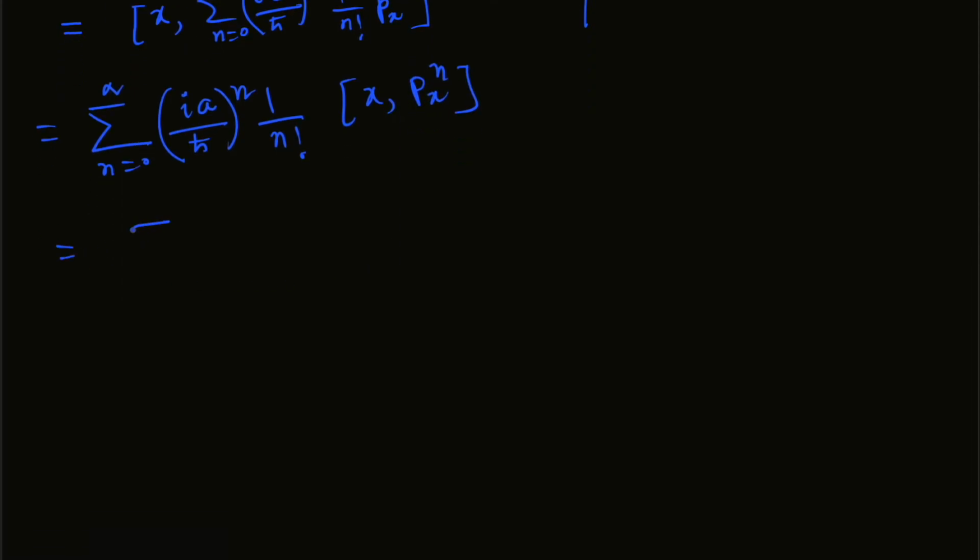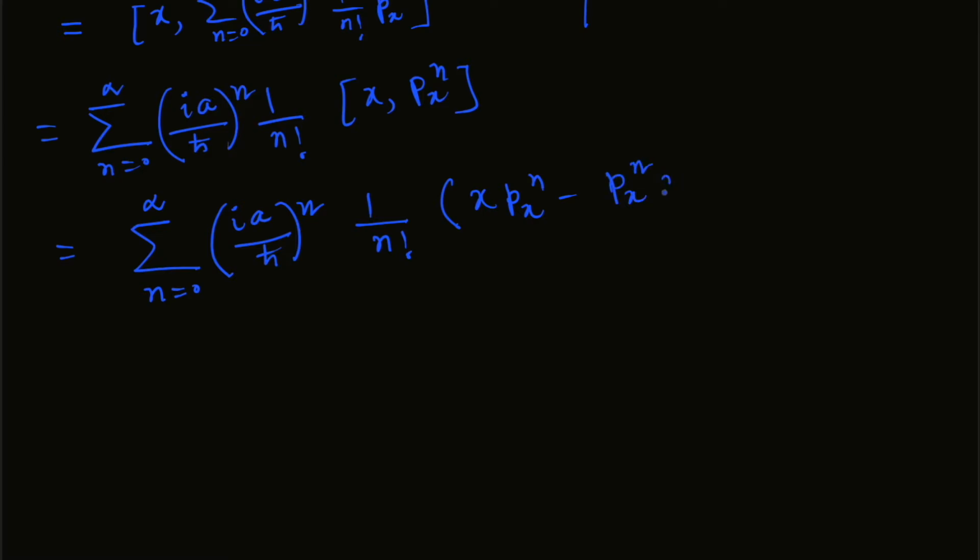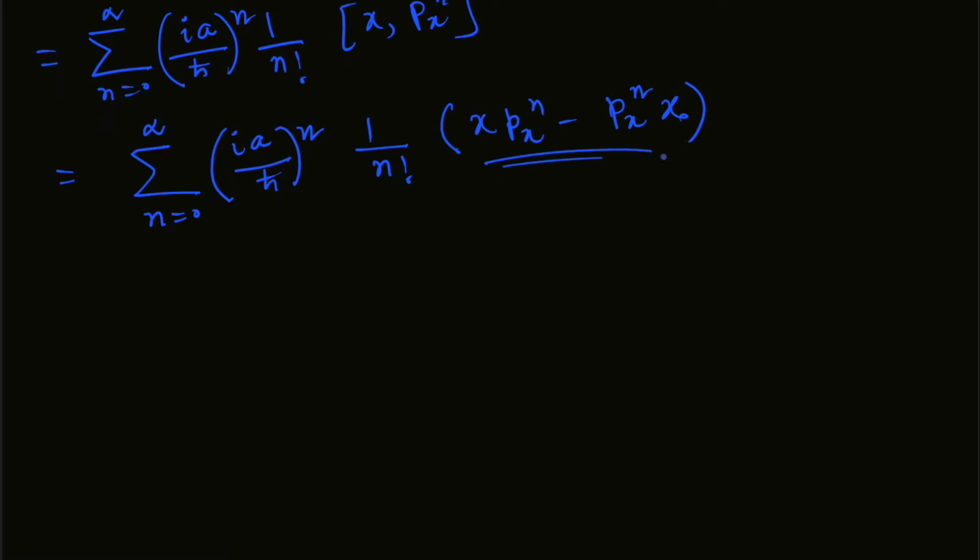That is equal to n equal to 0 to infinity I a by h cut to the power n, 1 by n factorial, x px n minus px n x. So let us first see this term.